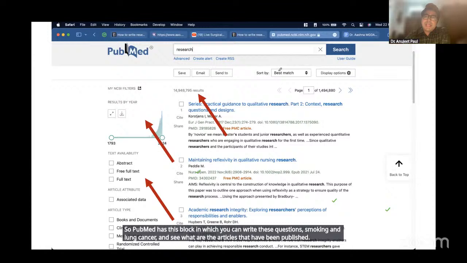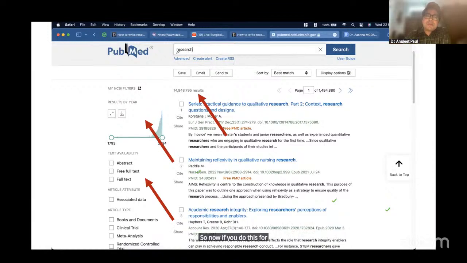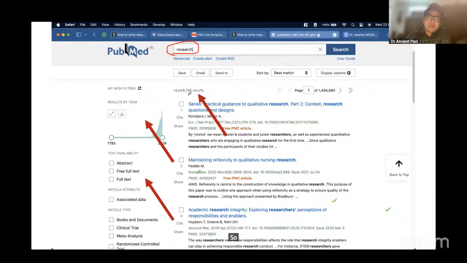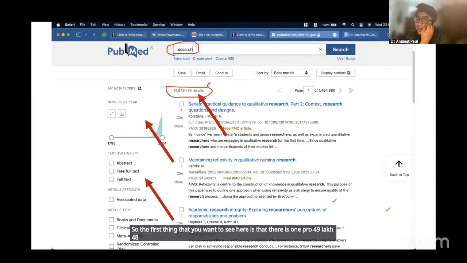So now, if you do this for something as simple as the word research, suppose I search the word research, it gives me a lot of results. So how do I interpret these results? So the first thing that you want to see here is that there is 1 crore 49 lakh 48,795 results in which the word research is there.